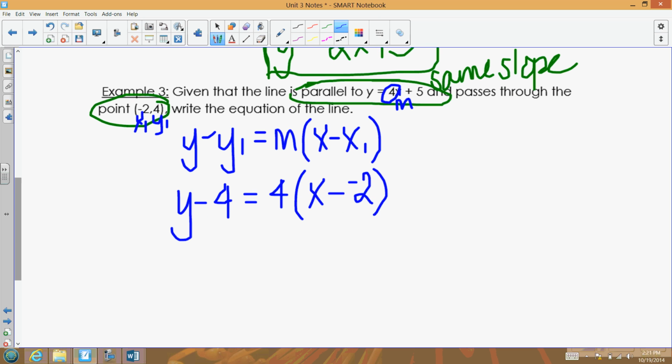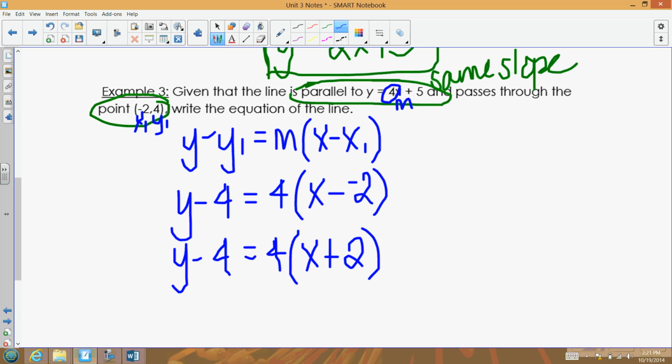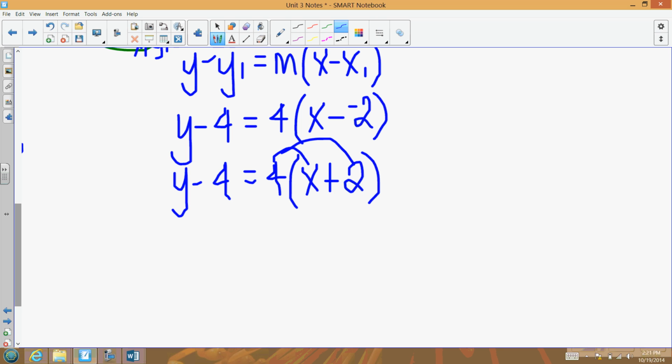And then we're going to go ahead and simplify. So I'm going to have x plus 2 inside the parentheses. And you could stop there and say it's done. I'm going to go ahead and distribute. I always like to get my final answers in y equals mx plus b form. So we have 4x plus 8.